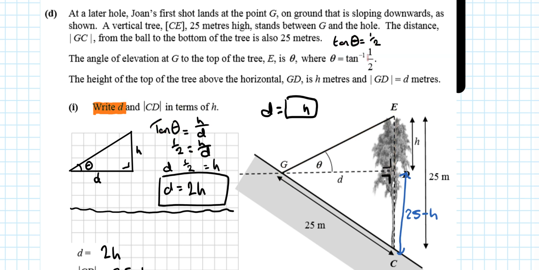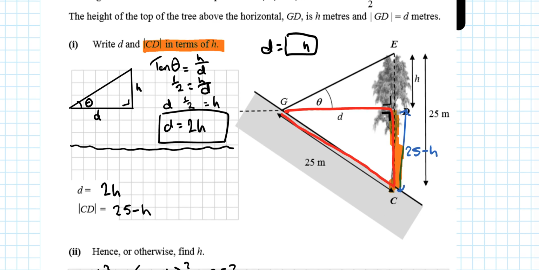Now let's consider getting CD in terms of h. So CD is this length here. What do I know about this length here? Well, it's 25 minus h. It's not the full height of the tree. It's minus this little bit here. I know it's a right angle triangle, and I know this is d. And I know the hypotenuse is 25.